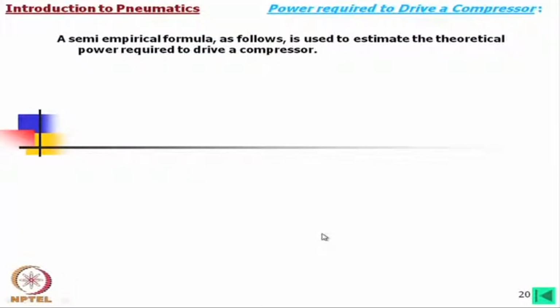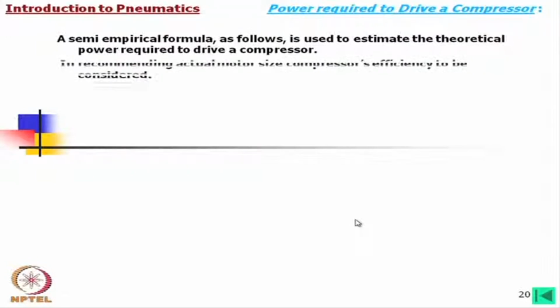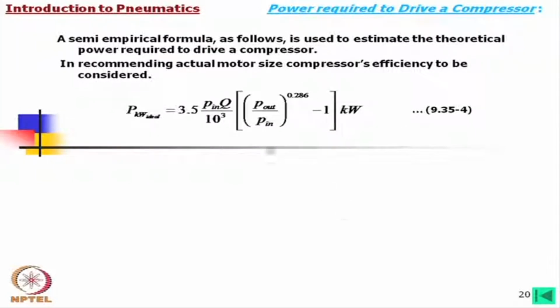Now, for the power required to drive the compressor, a semi empirical formula is usually used in recommending actual motor size, and compressor efficiency is to be considered. This is the semi empirical relation to calculate the power, where P is for the total of the motor.